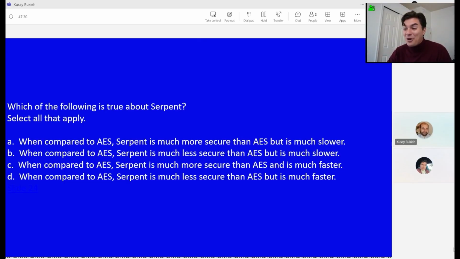It's multiple select? No, there's only one actually. But I just want to see how you read these convoluted questions and select the best of them.